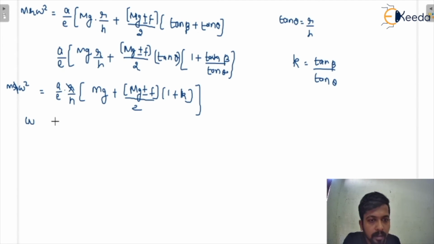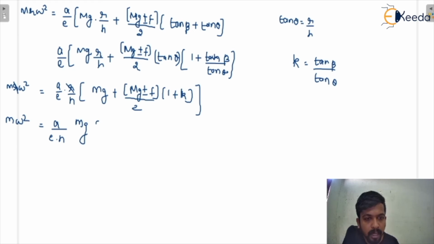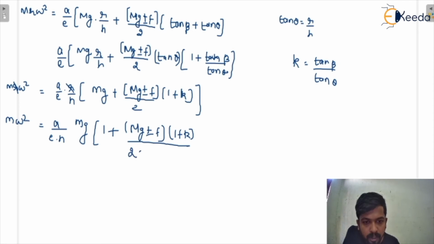Now in the next step I am taking mg common, so it would be m omega square is equal to a upon e, and mg I am taking common, so it would be 1 plus (mg plus minus f) (1 plus k) upon 2 mg.